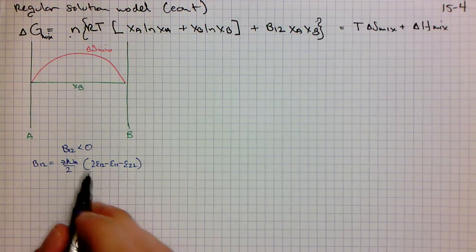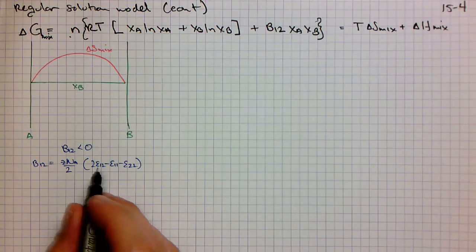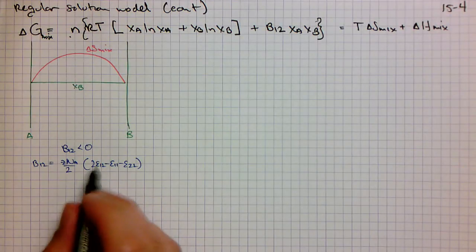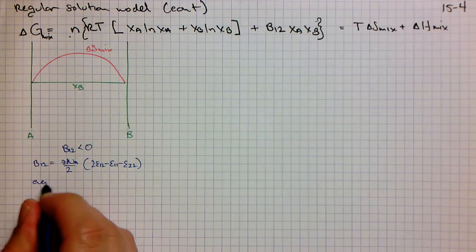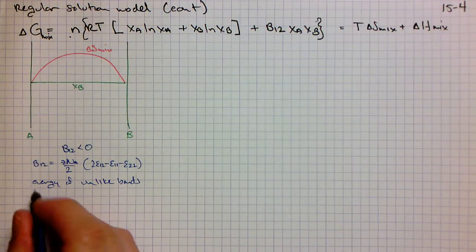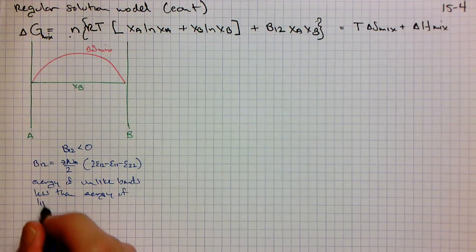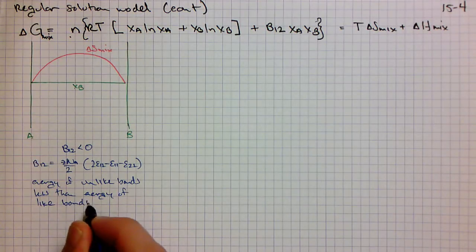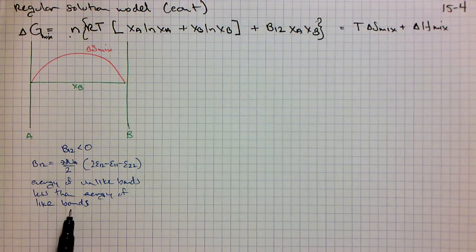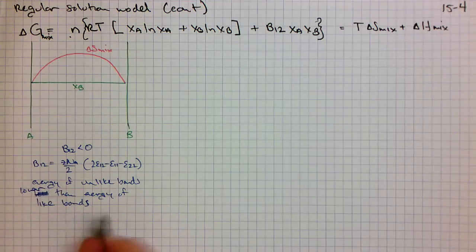So what B12 being negative means is that the energy of unlike bonds is less than the energy of like bonds. Since the energy of unlike bonds is lower than the energy of like bonds, it would like to make unlike bonds.